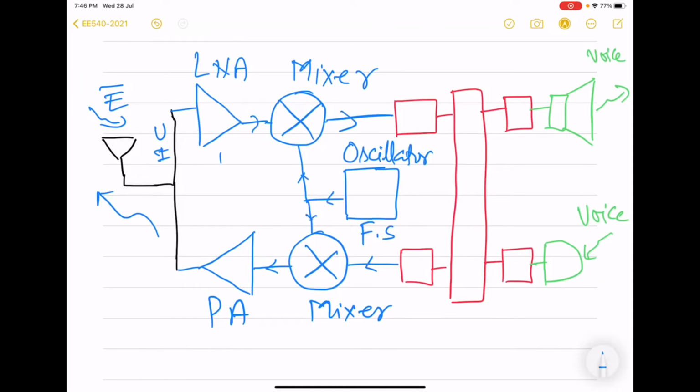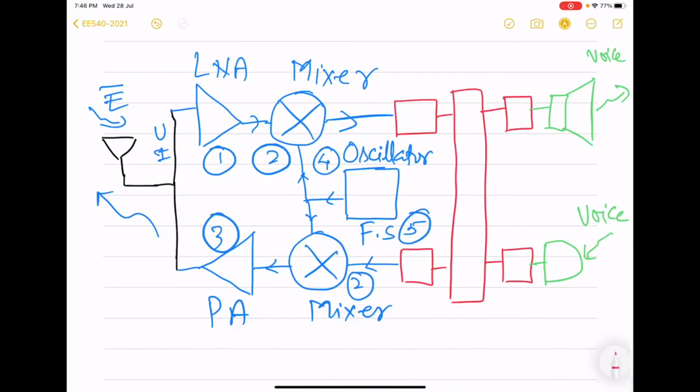So we have block 1, block 2, block 3, 2 is again here, and block 4 and block 5. Blocks 4 and 5 are fundamentally doing the same thing, that means providing a periodic signal to the mixer in both paths, transmitter and receiver.